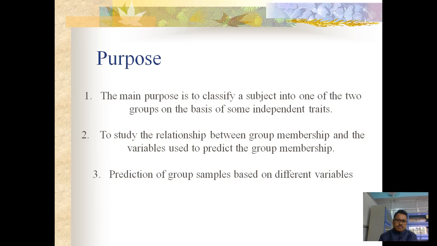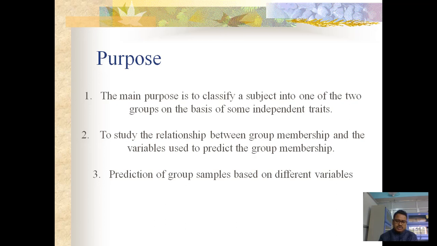Secondly, the purpose of performing a linear discriminant analysis is to study the relationship between group membership and the variables used to predict the group membership. So we try to see the relationship between the group members. What is the relationship? How we are able to discriminate between the two or more groups, so that we also know the relationship between the groups.